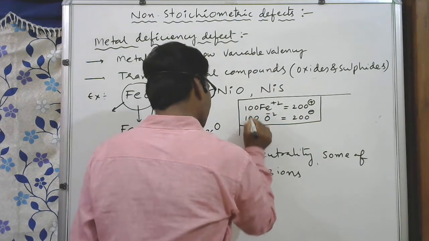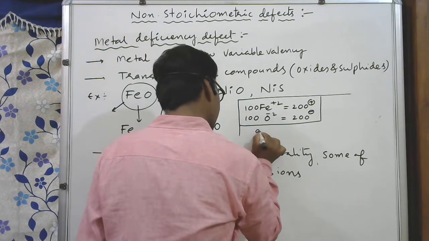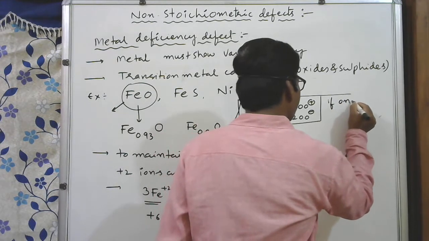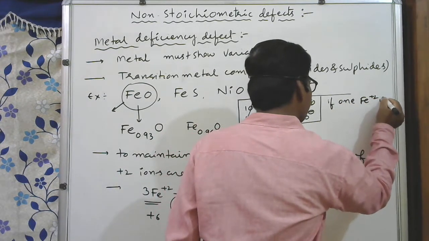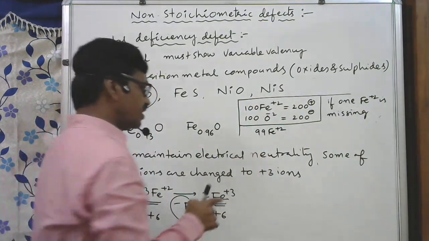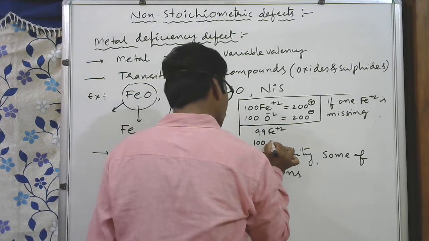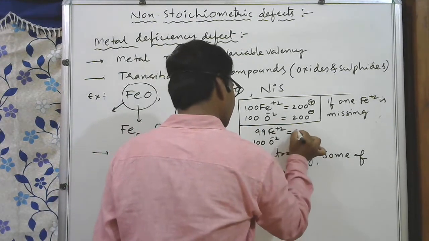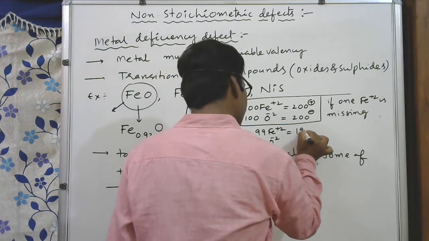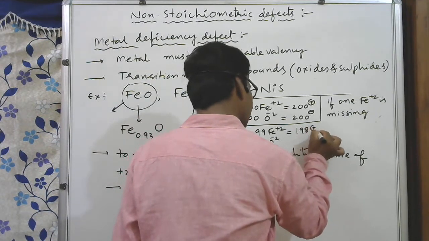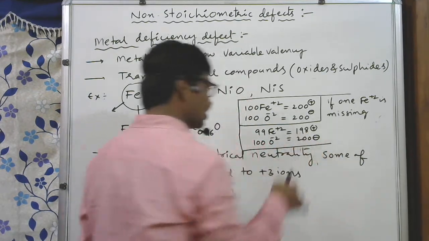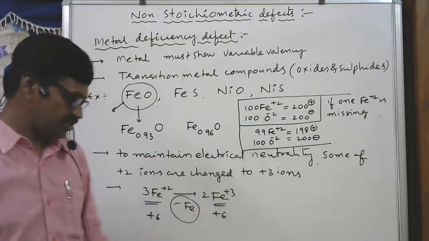Now one Fe plus 2 ion is missed, so now 99 Fe plus 2 ions are present, and the oxygens remain the same, 100 O minus 2. 99 into 2 gives 198 positive charges, and 200 negative charges are present. So it will not give electrical neutrality.